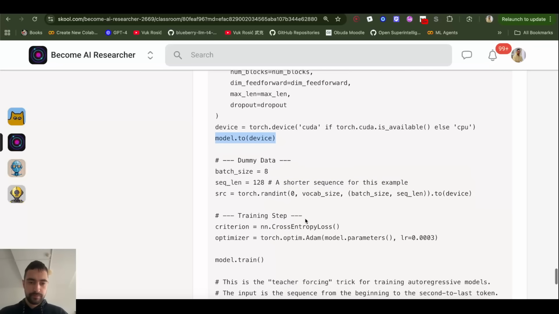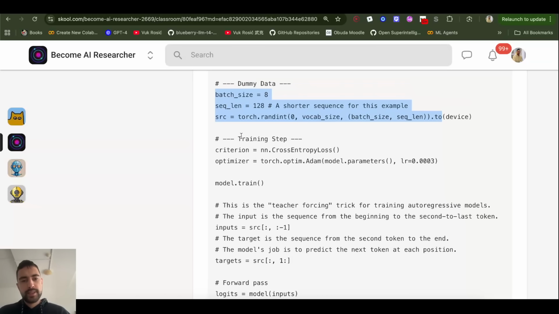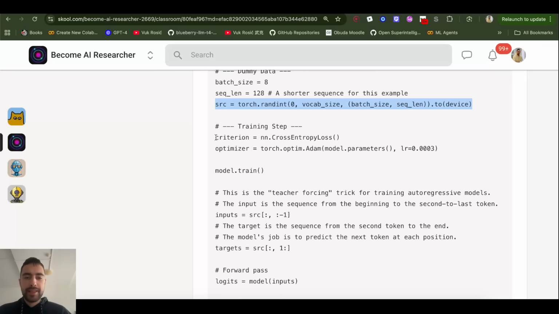And then we can have some dummy data. This source is just going to be our random example tokens. So let's say we have some text here, but it's now randomly generated, some tokens, some sequences and stuff. And this is for the model training.